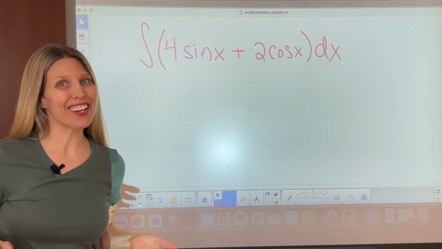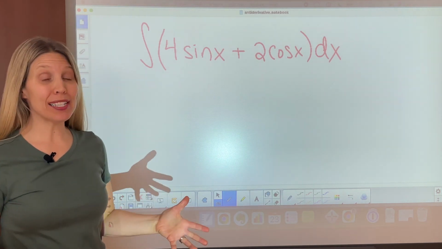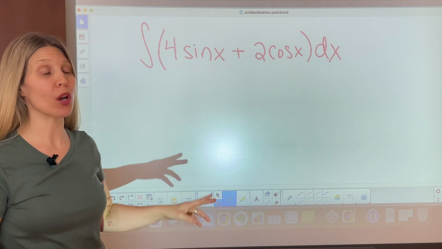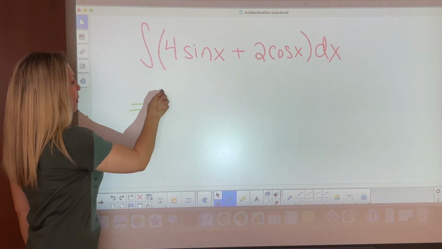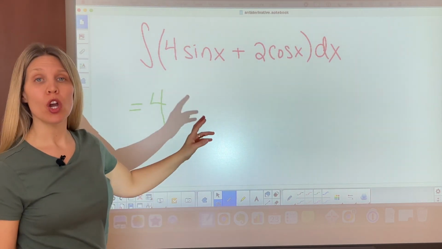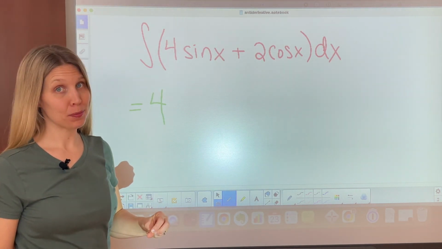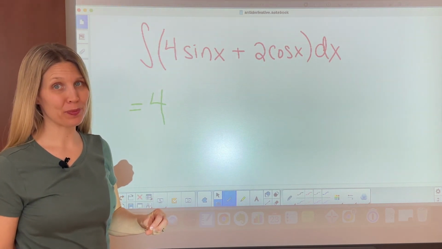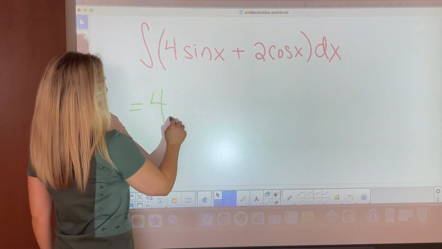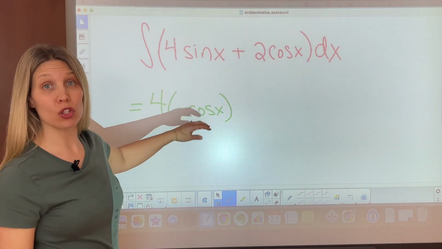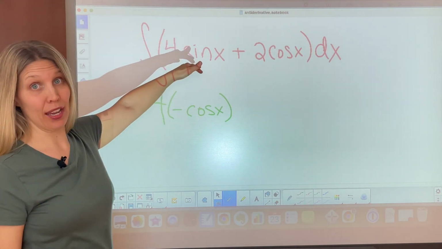Time for more trig. Aren't you excited? The only nice thing about this one is it's not a fraction and these are straightforward trig problems. So the first thing is you can keep that 4 right there with you. What did you take the derivative of to get sine x? Do you remember? It is negative cosine x. And the reason is because the derivative of cosine is negative sine, right?